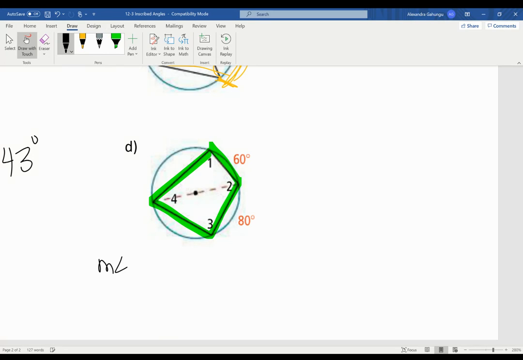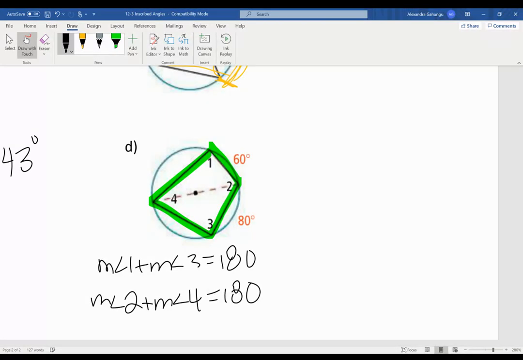So that'll probably mean the measure of angle 1 plus the measure of angle 3 is going to be 180, and the measure of angle 2 plus the measure of angle 4 is going to be 180. Somewhere in there, that's probably going to be used. But first, let's figure out if we can use our intercepted arc and our inscribed angle. The angle is always half the arc.